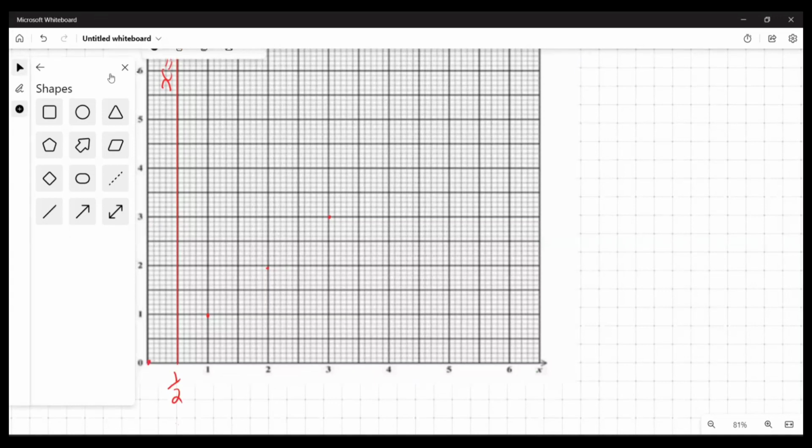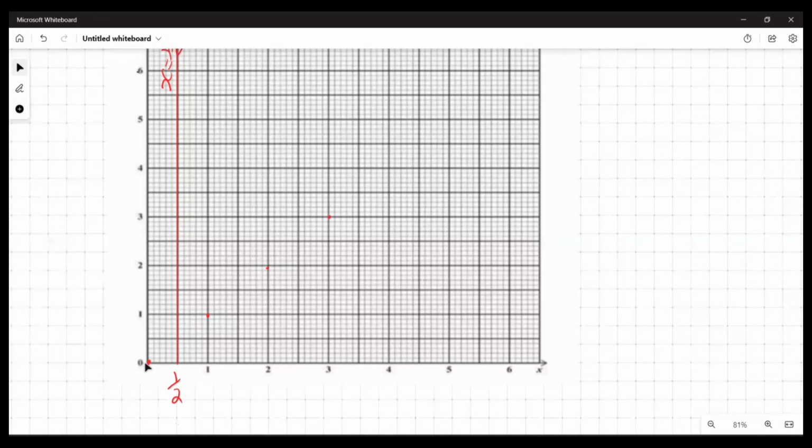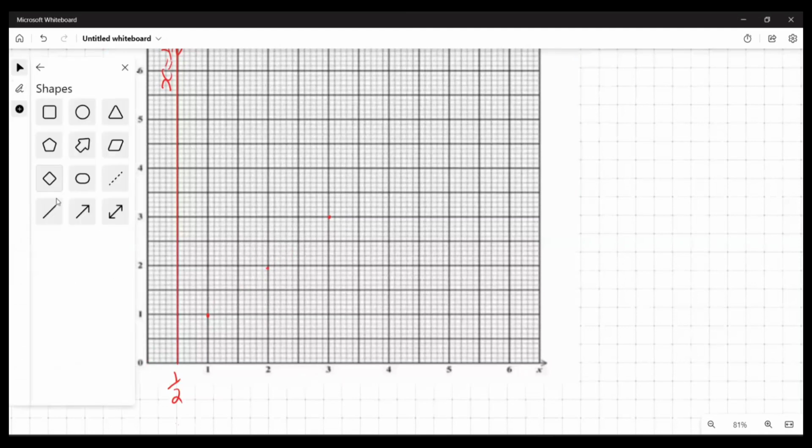Hold on, let me take this off. Start right here. Sorry, I think I moved the point instead. All right, so I'm going to draw my y equal x.